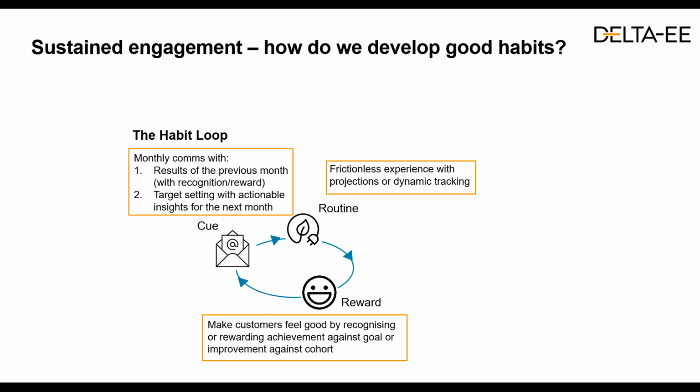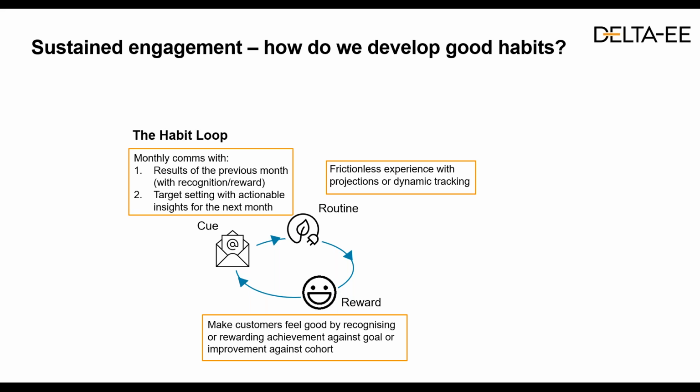So as an example, in social comparisons, the cue could be the new month's information, with the results of the past month and an opportunity to build in next best actions for the coming month. If that's really clear, relevant and actionable for the customer, they're likely to take that on and act on it, which is the routine.